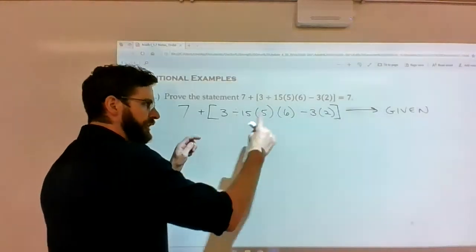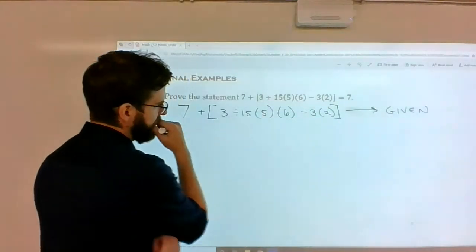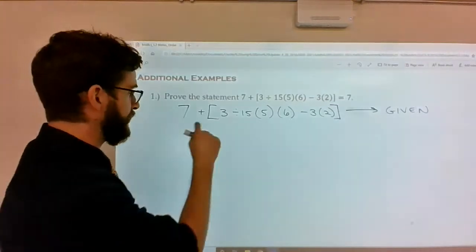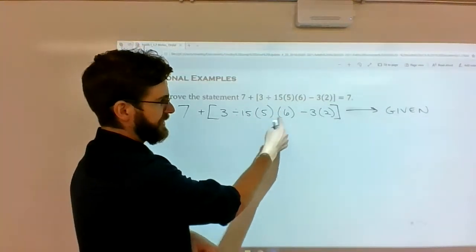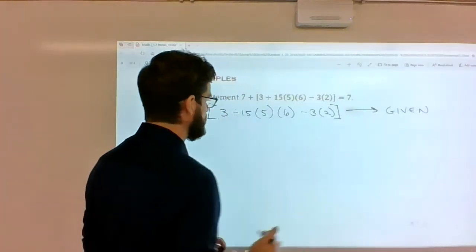Now, how is the order of operations going to move through that? Well, you're looking inside the brackets. There's a whole bunch of stuff going on. I got 3 divided by 15. I see parentheses here, more parentheses, and more parentheses here.